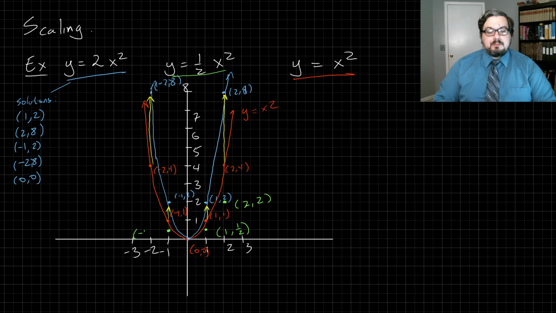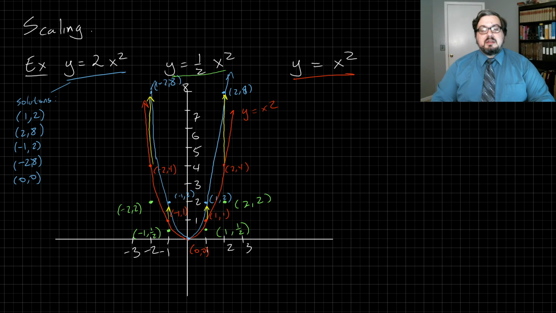So all of these green points, 1, 1/2, 2, 2, -1, 1/2, and -2, 2 are all solutions to the equation y equals 1/2 x squared. The way that I'm getting these numbers is that I'm simply taking solutions to the original equation, y equals x squared, and cutting their y values in half. I'm multiplying their y values by a half.